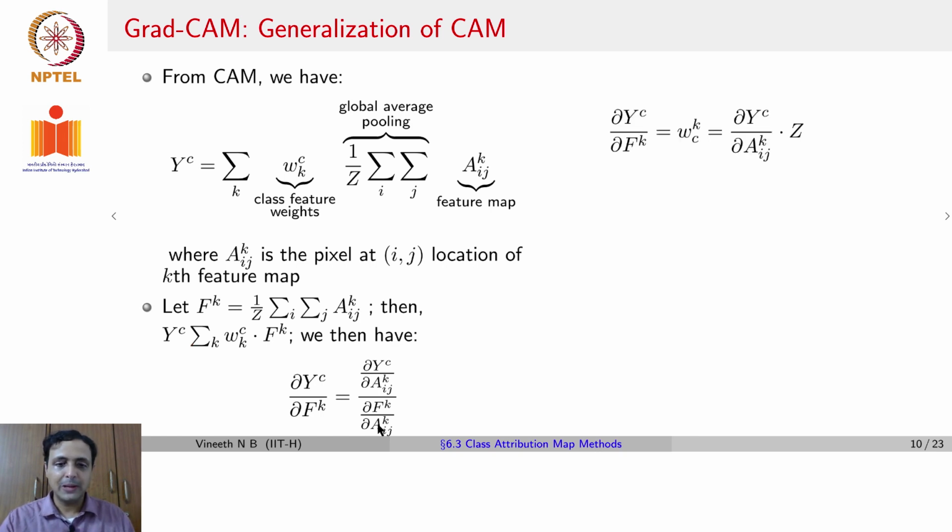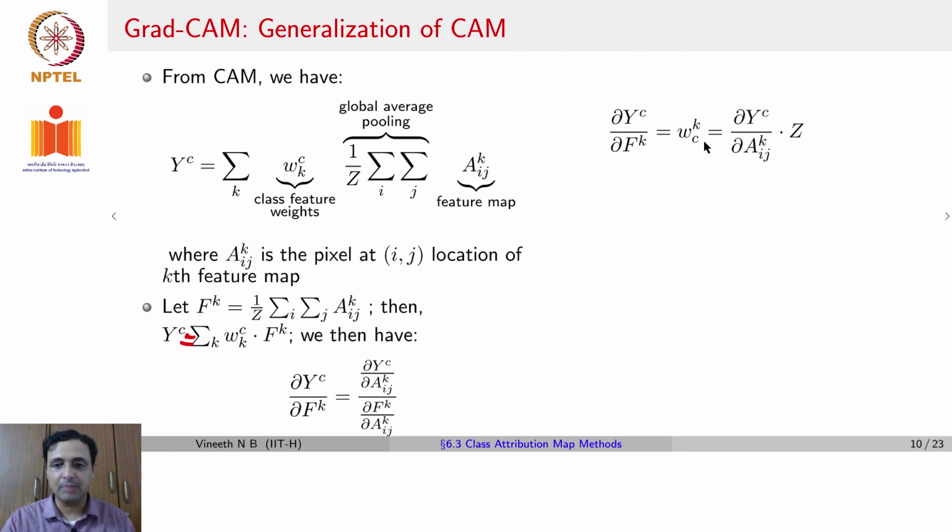If you look at this closely, ∂Y^c/∂F^k is what w_k^c is, and we can see that from this equation here. Remember once again that Y^c is equal to summation w_k^c F^k, which means ∂Y^c/∂F^k will be w_k^c for a particular k, whichever F^k you chose for a particular feature map.